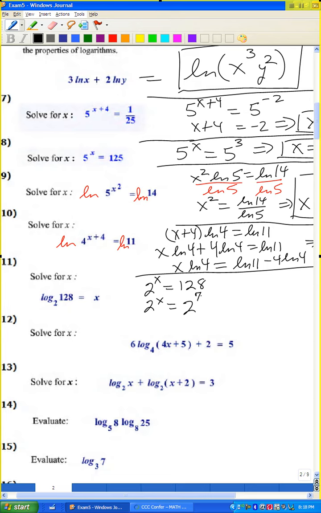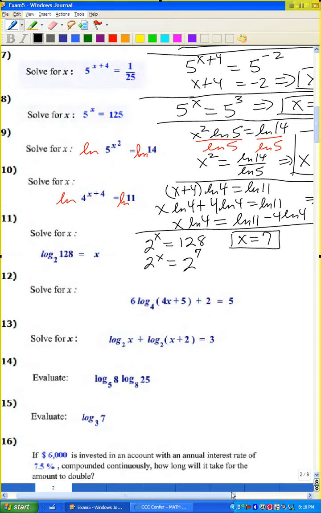And so since the exponential function is one to one, and since the bases are the same, then the exponents must be equal. So I must have that x is equal to 7.